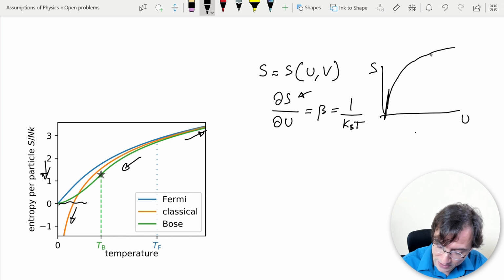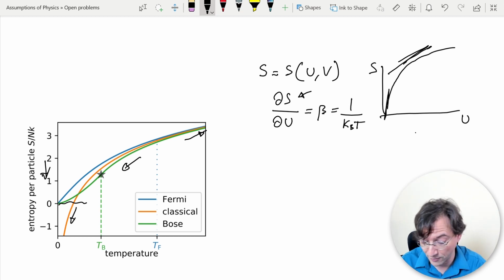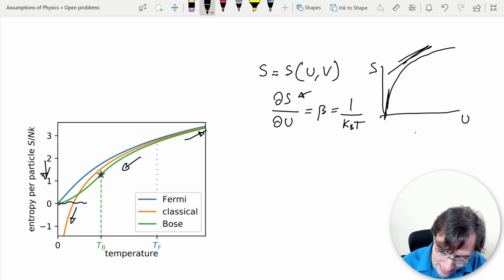And if you increase the energy, you're going to increase your entropy, and the slope is going to decrease, which means the beta is going to decrease and the temperature is going to increase, because beta and temperature are inversely proportional to each other.